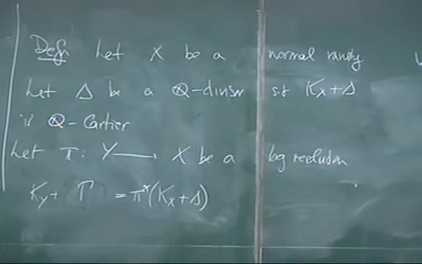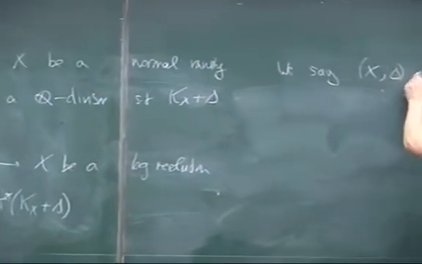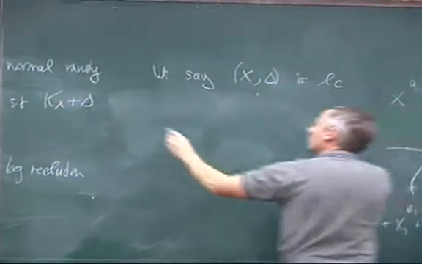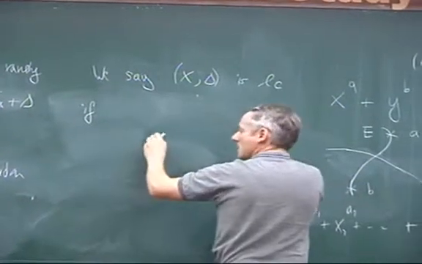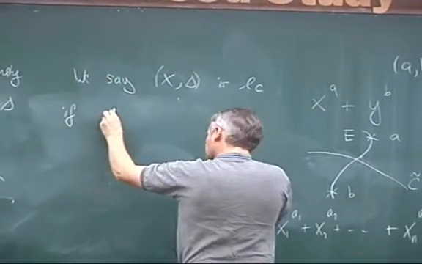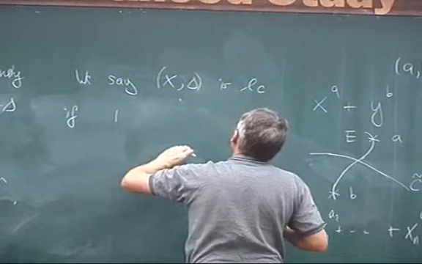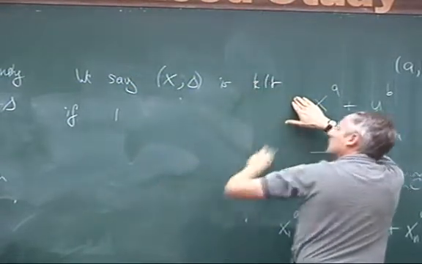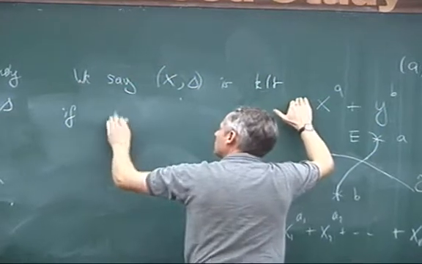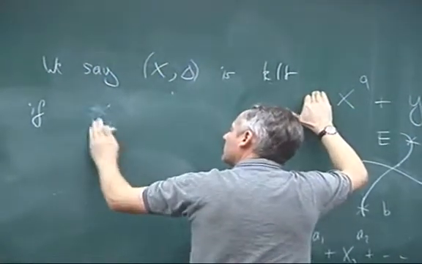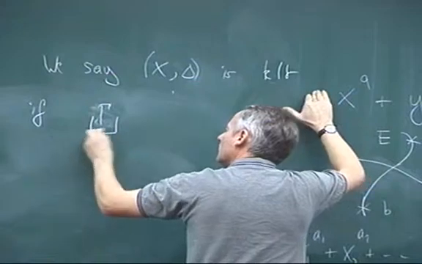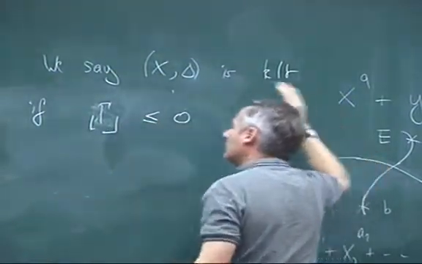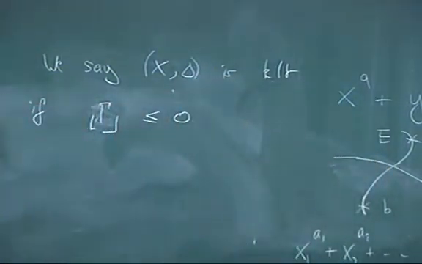So we say (X, delta) is log canonical if, sorry, we say this is KLT if the round down of gamma is less than or equal to 0. In other words, every coefficient of gamma is strictly less than 1.